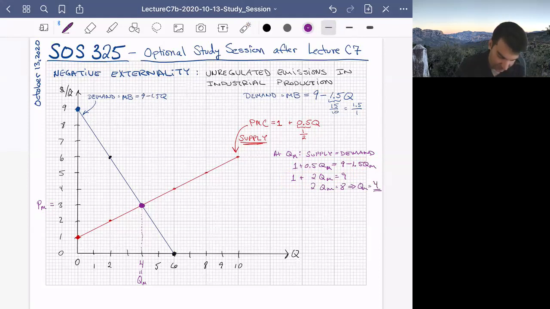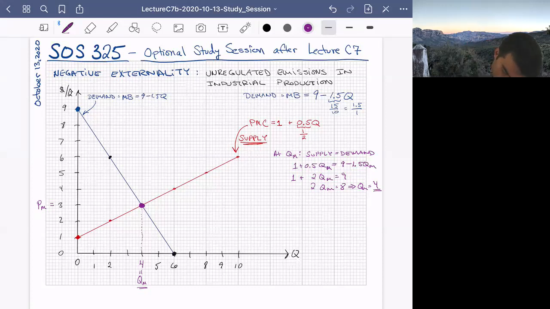And that's what my graph predicted, because I happened to draw these as nice straight lines that were pretty accurate. So then my question is, what is the market equilibrium price? Well, I can plug that into either the supply or the demand curve.